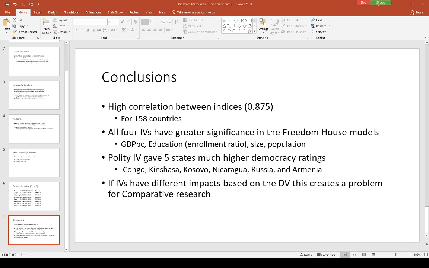Remember, Polity 4 isn't as much dealing with freedom, it's much more focused on the chief executive. Many of its variables and its indicators deal with what the chief executive can do, how the chief executive is chosen. So the behavior is very different for these two metrics, and because of that, we always want to look at whatever data we're pointing to and say, okay, what does that matter?